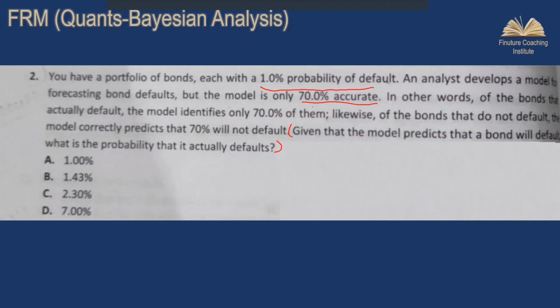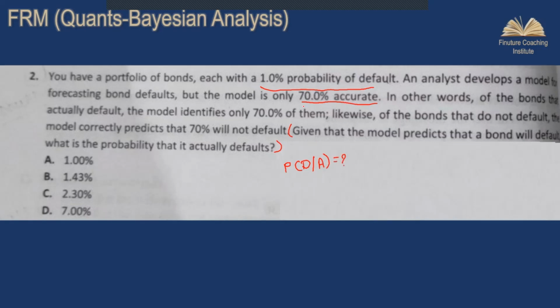But given the accuracy of the model is not 100%, this inaccuracy will impact the final outcome as well. So what you have been asked is to calculate the probability that the bond will actually default, given the analyst's model has predicted it to default.